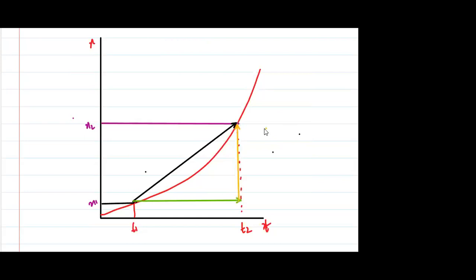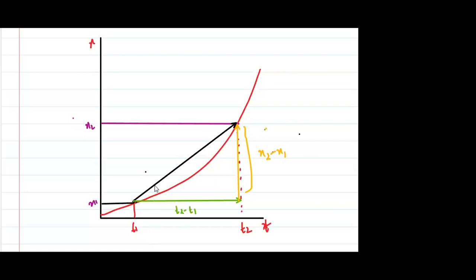Yes, sir. Now, think about it. What is the yellow line distance? It is x2 minus x1. And what is this green distance? It is t2 minus t1.